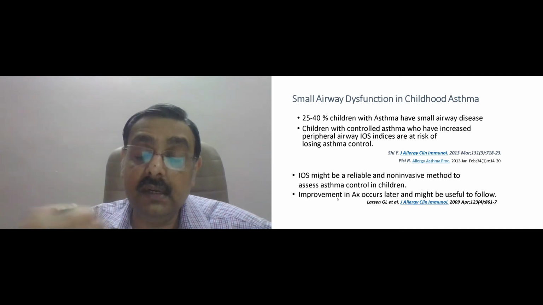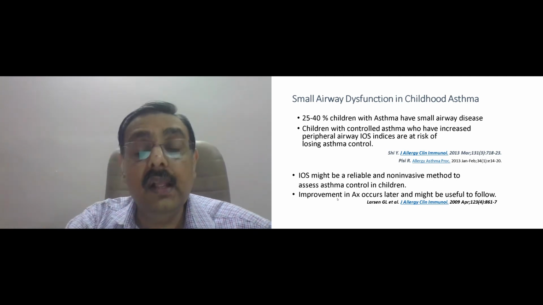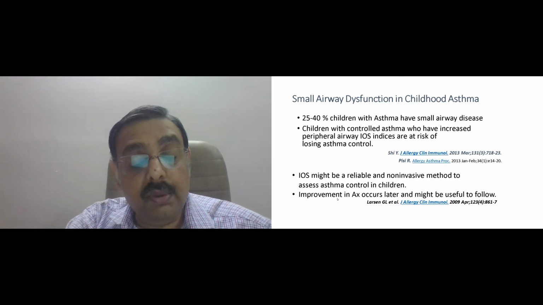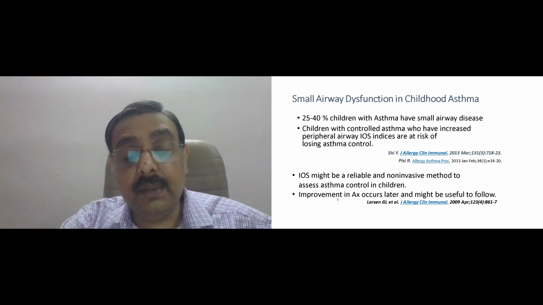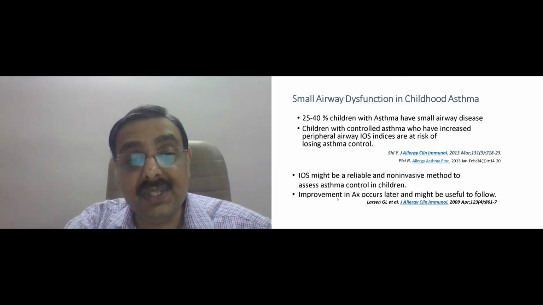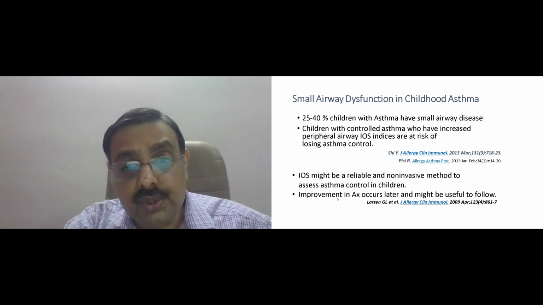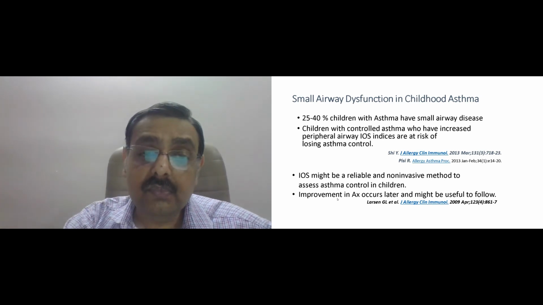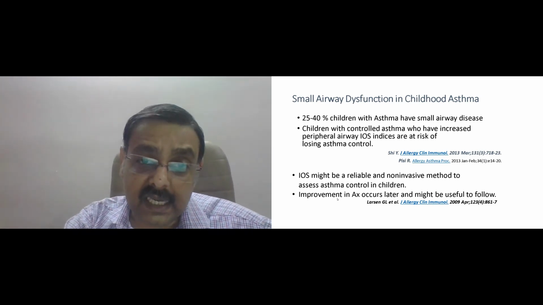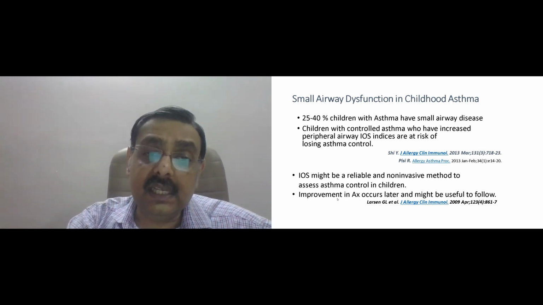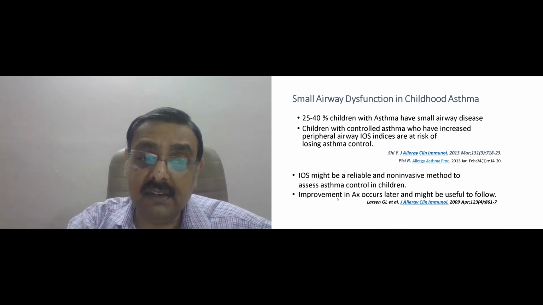We do see a few patients where they are well, the spirometries are normal, but if I do an IOS or impulse oscillometry, the values are significantly high. That has now taught us to wait on that particular dose, not reduce the dose, and give them some time to settle down, because if you do that at that point of time, the chances of having an exacerbation are significantly high.